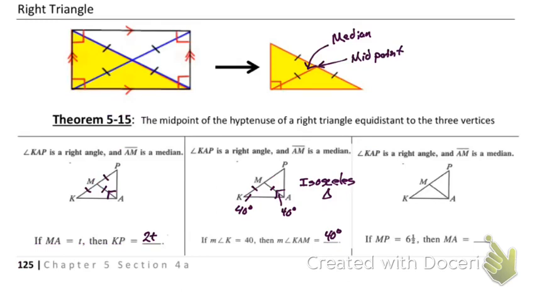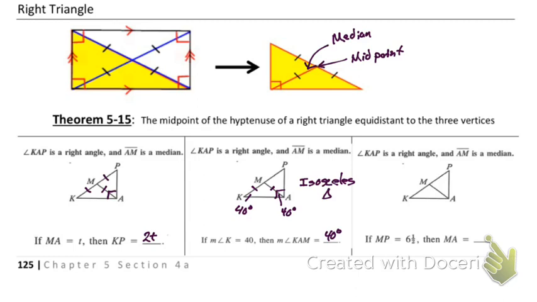So knowing this is 40 and this is 40, what's the measure of KMA? Yeah, 100. So what would the measure of PMA be? Yeah, 80. And then we could get these two as well. Those both would be 50.